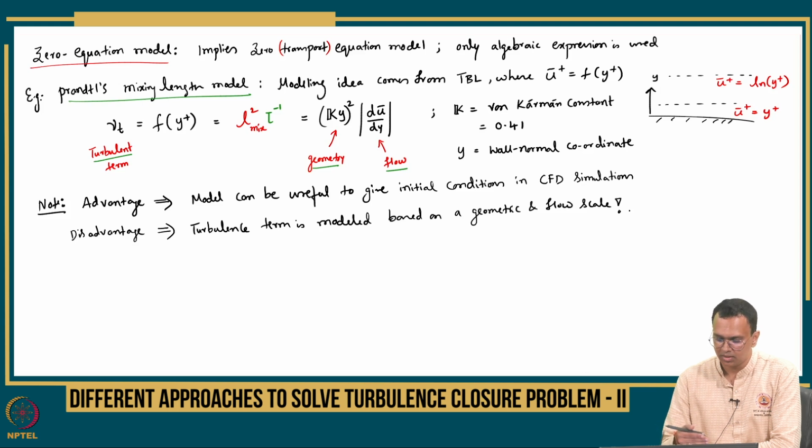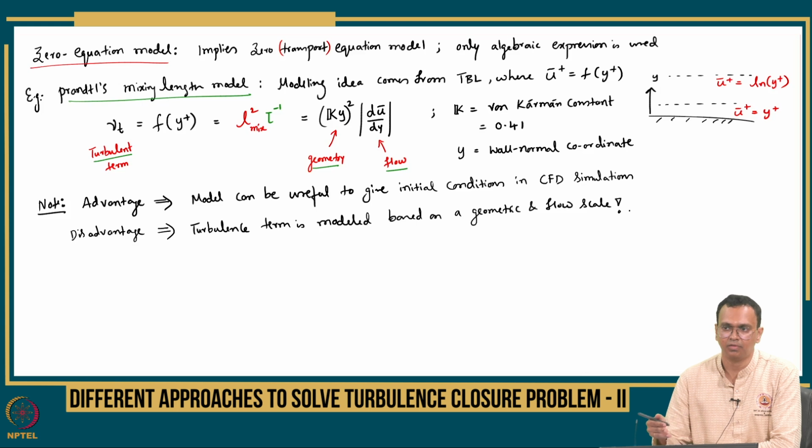So now, is this model applicable to other classes of flows? For example, let's take a jet flow. Do you have a y coordinate here, a wall normal coordinate, right? What about flow over a bluff body, or let's take a plume, or a mixing layer? In a generic class of flows, you have to search for a wall normal coordinate, which does not exist here, right?